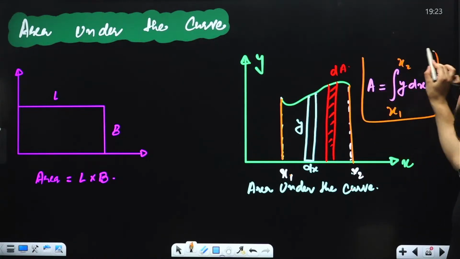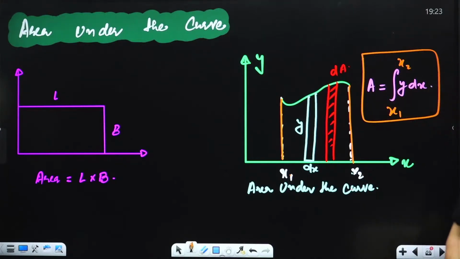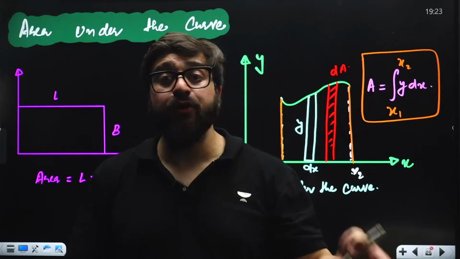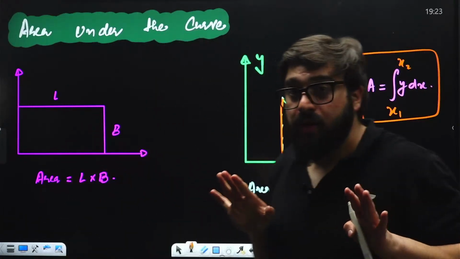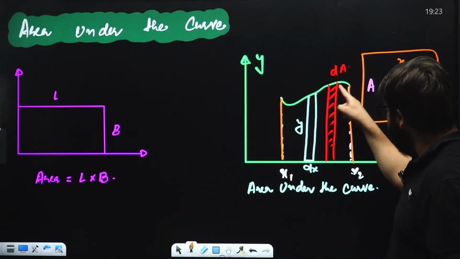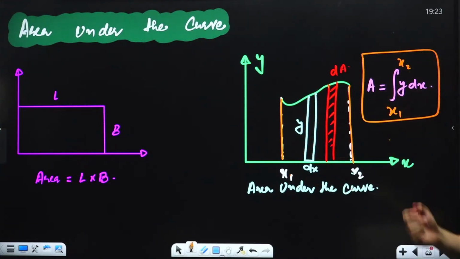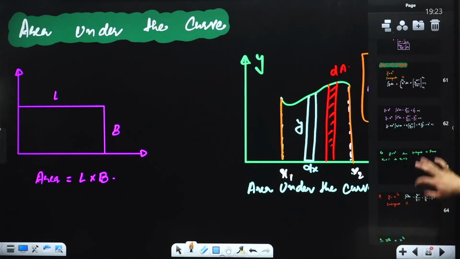These are what we call the limits, meaning from where to where you have to find the area. If it is x3 and x4, you have to find it from x3 to x4. That is what we call integration with limits.